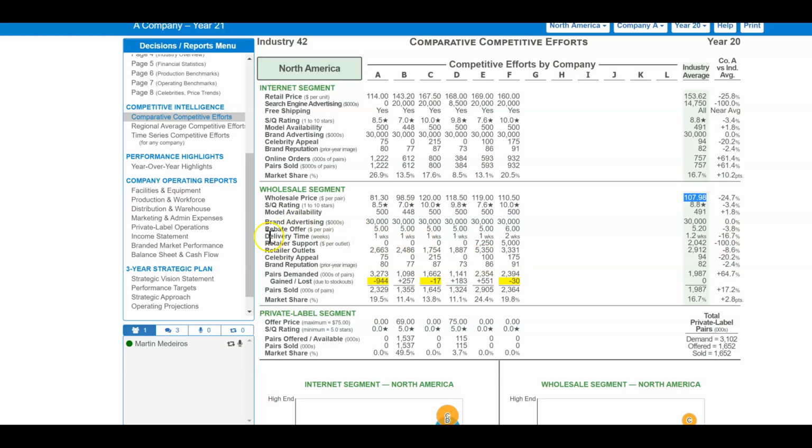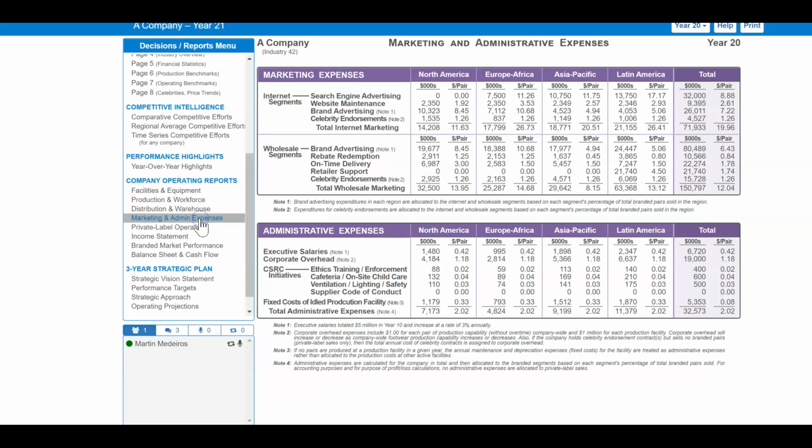And then you've got these company operating reports. This is very detailed information on how a company is being run, and only the team can see these reports. The reports I was just showing you are industry reports. So for example, if I go to marketing and admin expense right here, you could see how it breaks down their marketing.